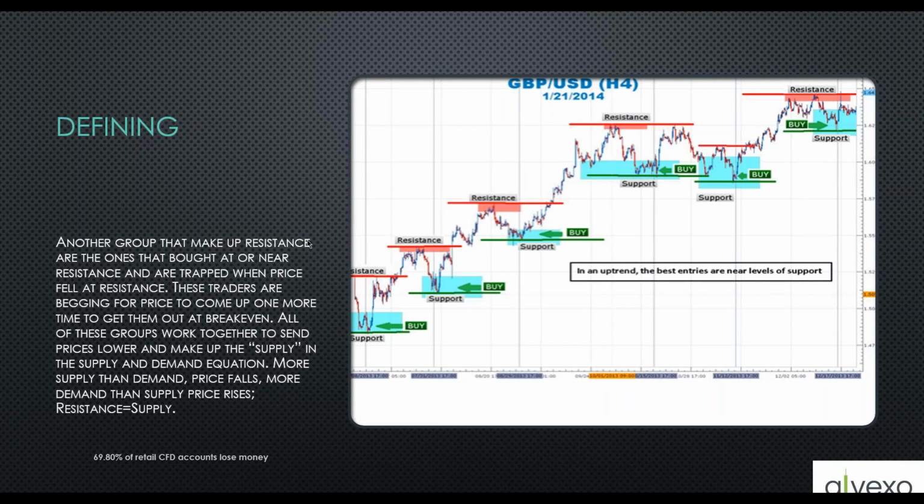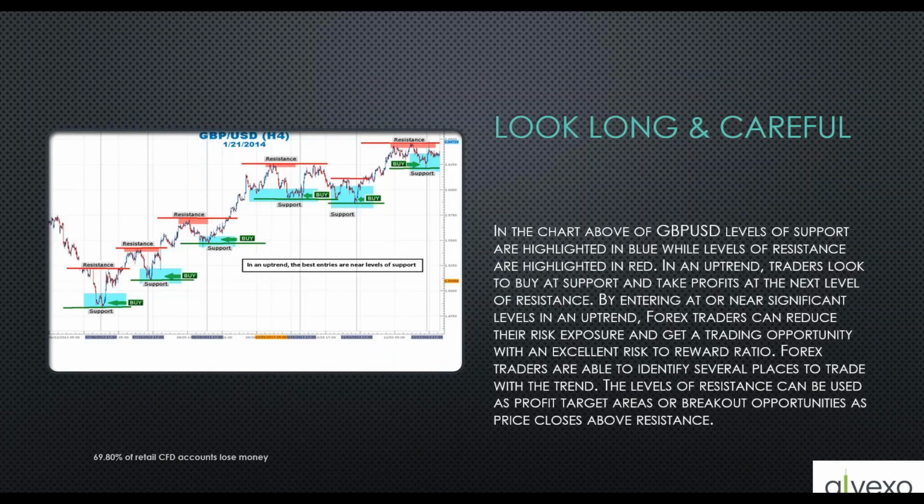You can get all kinds of literature, all types of complicated information, all this stuff about supply and demand and market formulas, and it just comes down to looking. This is why it makes you better than the guy across the desk from you, because this is personal. It's getting you to make your own decision, not a mathematical calculation telling you to do something. So look long and be careful.